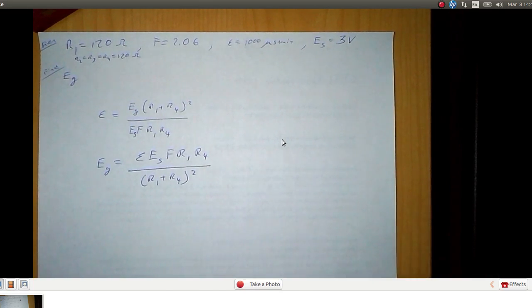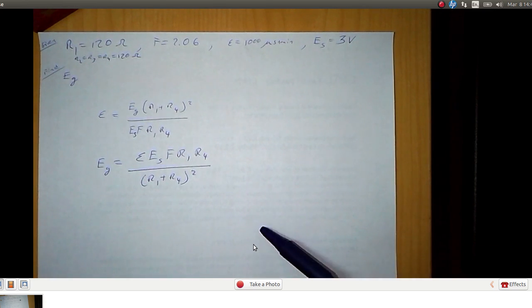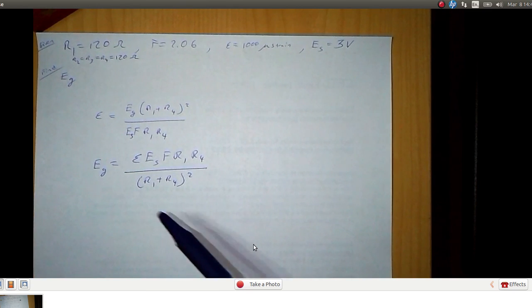So we have that the axial strain is given by this expression in terms of voltage, gauge factor, and resistance. And we can rearrange that to get the measured voltage.